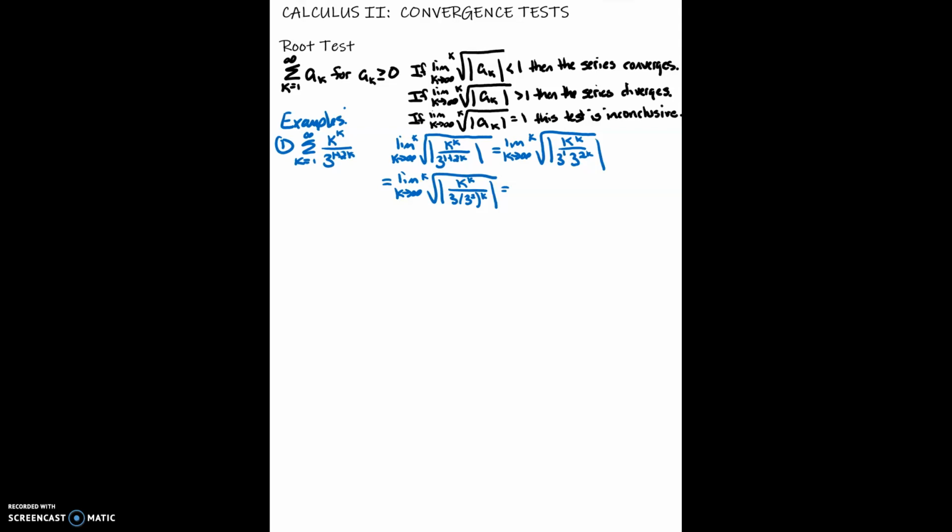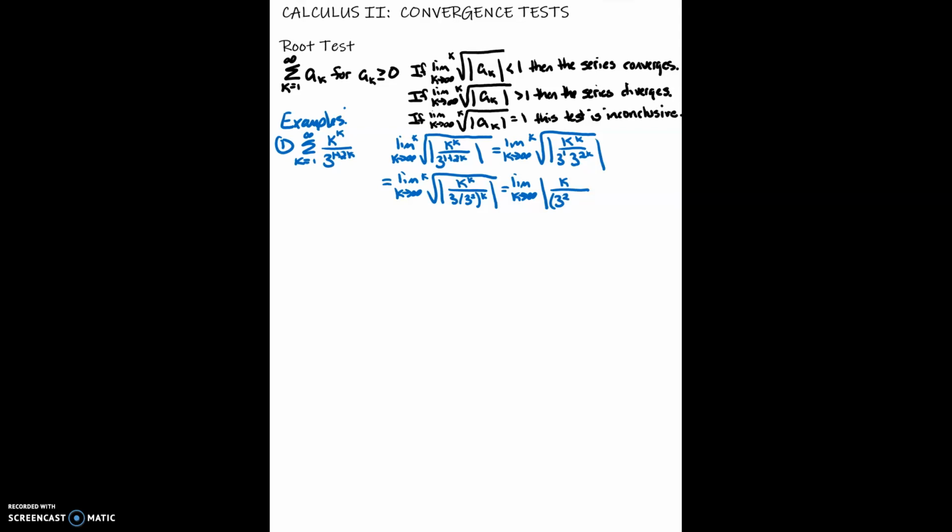So, still have that limit notation. Don't forget to write that there. We haven't taken the limit, so we have to continue to write that. I'm going to take the kth root, though, so I don't need that radical anymore. Kth root of k to the k is just k in the numerator. In the denominator, the kth root of 3 squared to the k is just 3 squared.